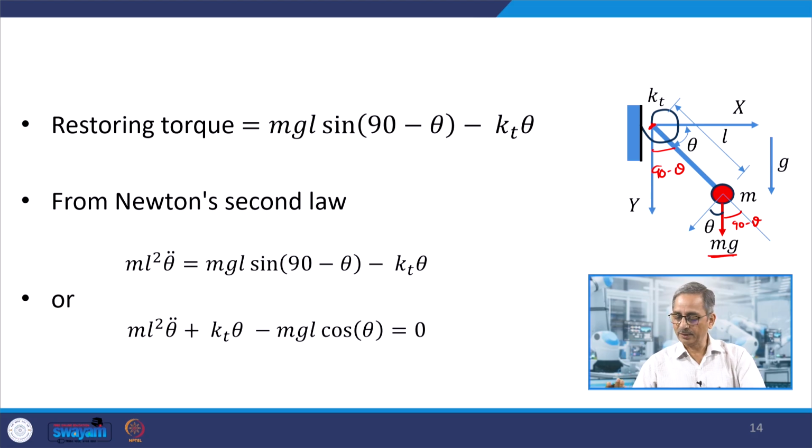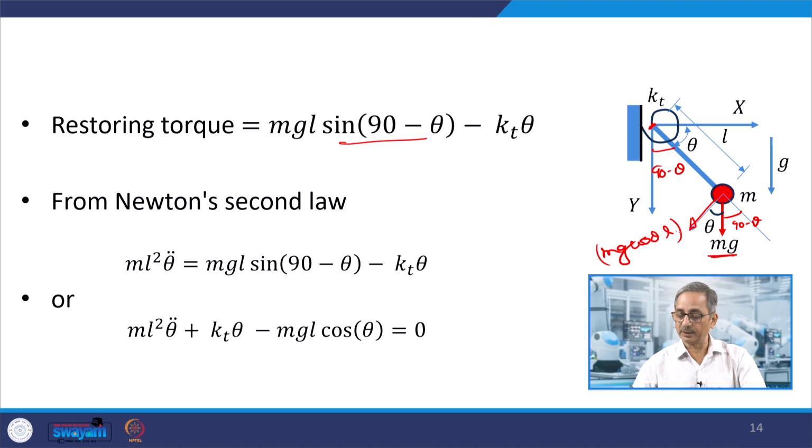How much torque is going to be acting on this one? Because of the weight, this component is going to be mg cos theta, or I can say mg sin of 90 minus theta, it is the same thing. Let me write it directly: mg cos theta multiplied by L.